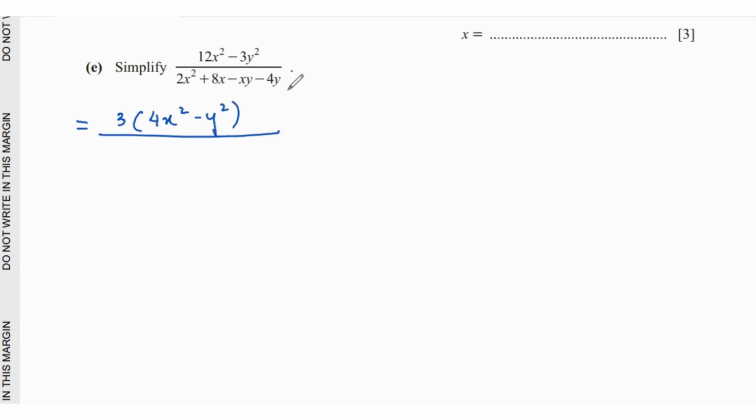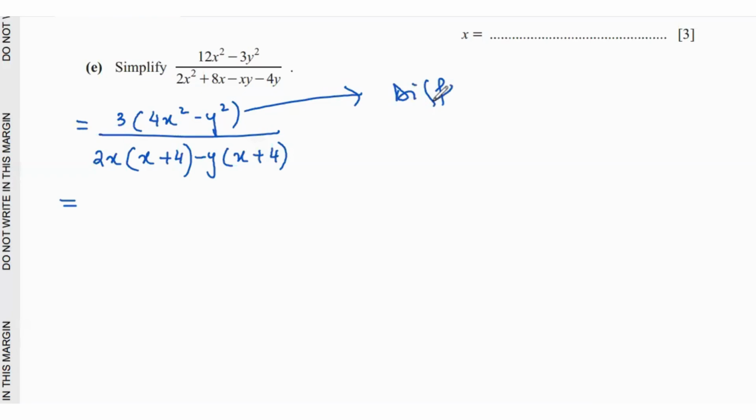In the denominator, we can see that if we factor by grouping, we can rewrite 2x squared plus 8x as 2x bracket x plus 4 and negative xy minus 4y as negative y bracket x plus 4. Now, 4x squared minus y squared basically reminds us of difference of perfect squares.